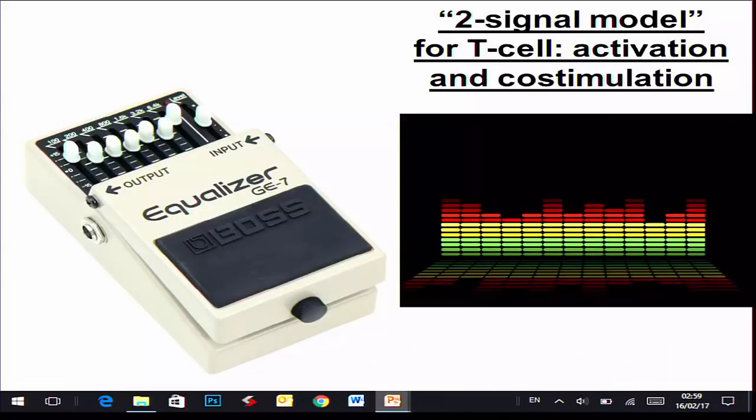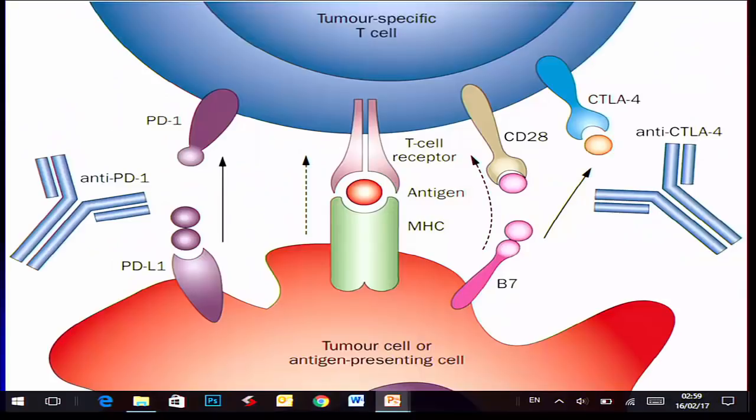You have the on-off, that would be the TCR, go, no go, and then you have different frequencies to modulate the function of the T cell. Kill now, kill tomorrow, kill in a year, become a memory cell and stay with the body, kill and be killed. So we know that those co-stimulatory molecules are influencing the quality of the immune response.